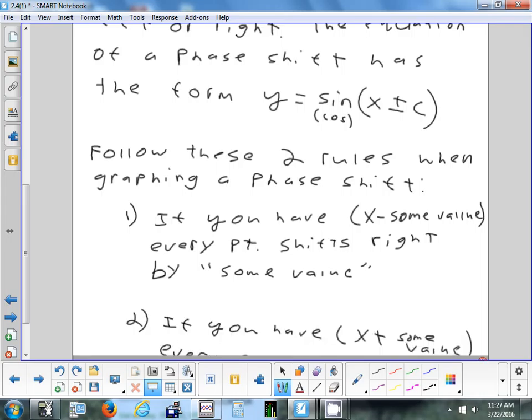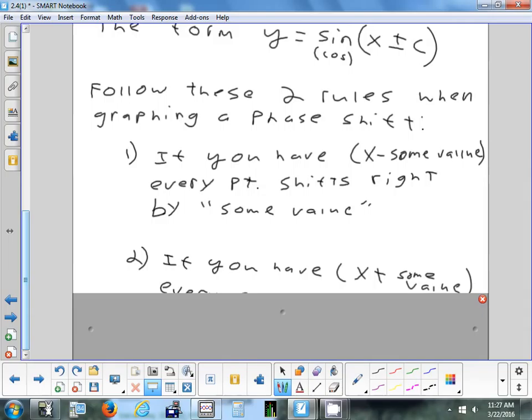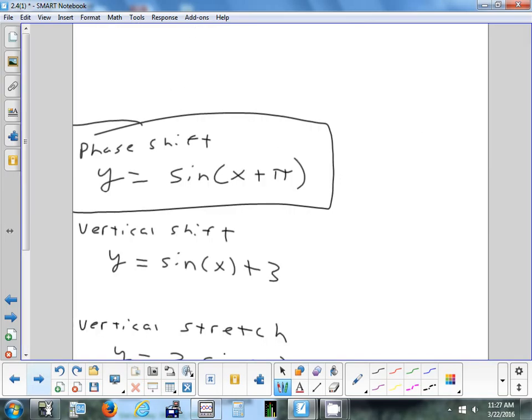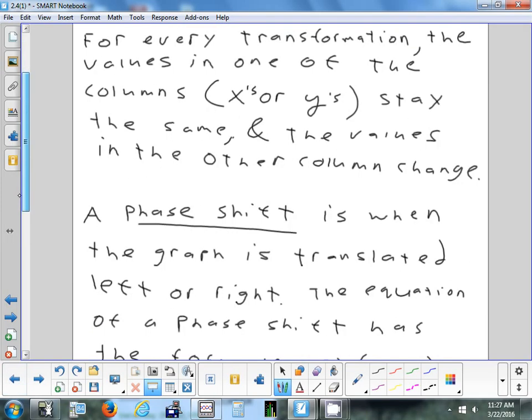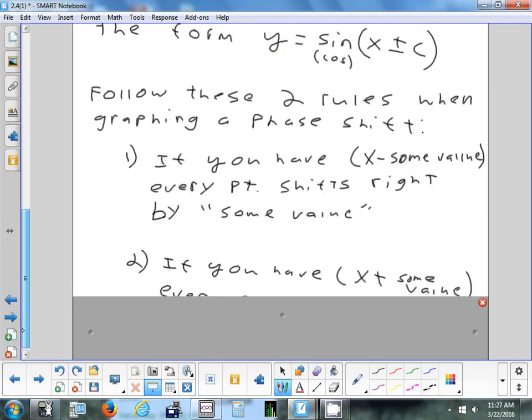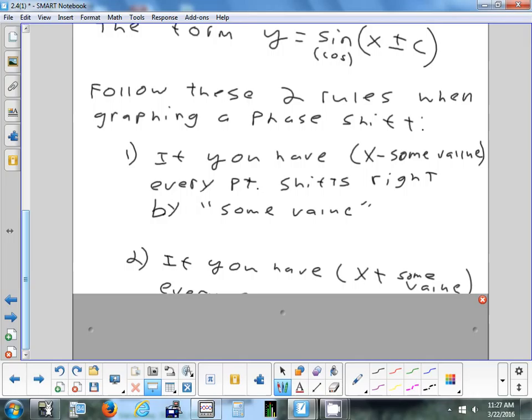So what do you think is going to happen if I do x and then plus a number inside parentheses? That's like this example, x plus pi. What direction do you think that's going to shift? To which way?